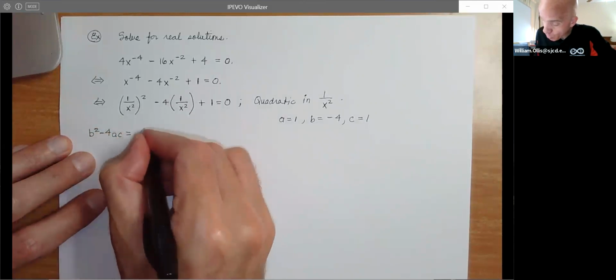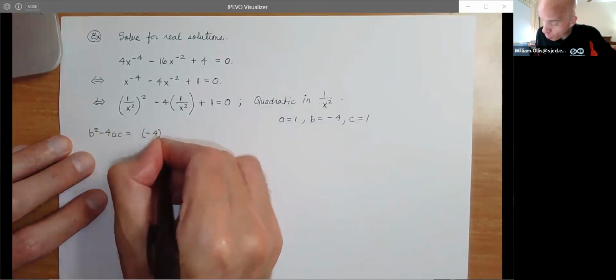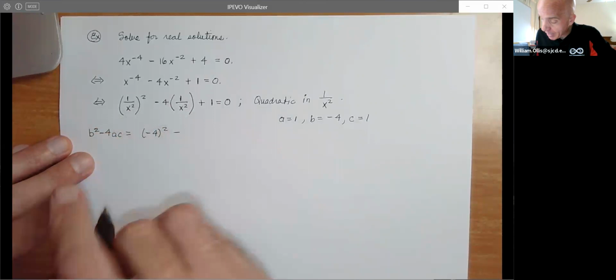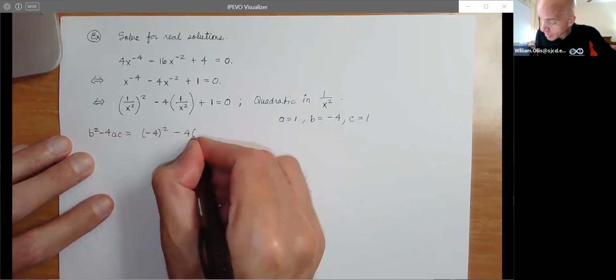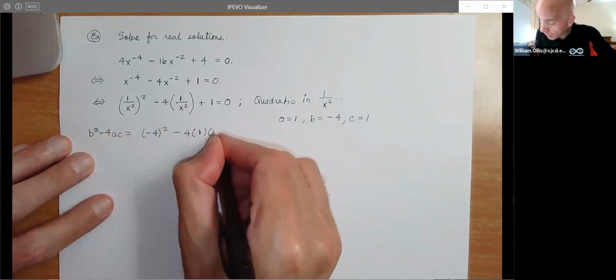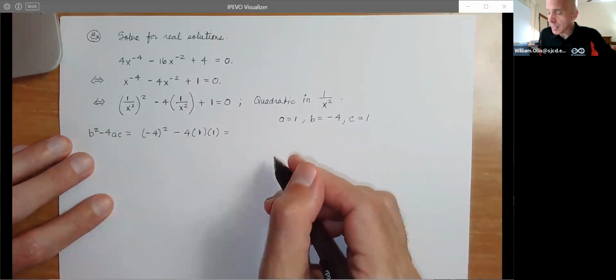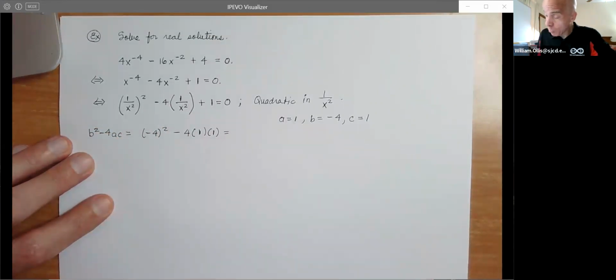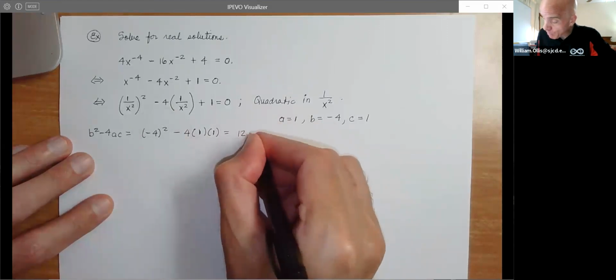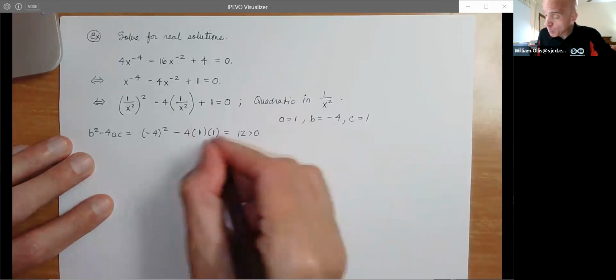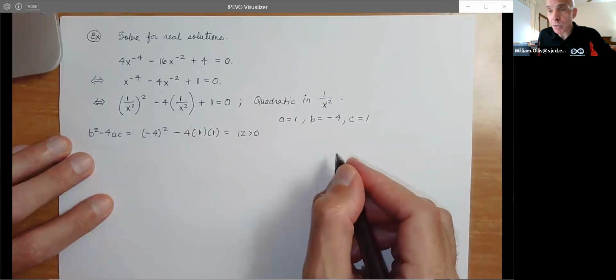So we have b squared, so that's negative 4 quantity squared, minus 4 times 1 times 1. Well, that's the easiest in the world. That's just 16 minus 4, which is 12. Again, that's a positive number.